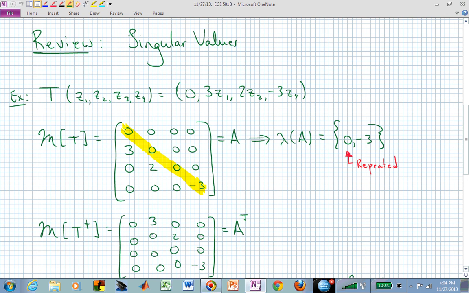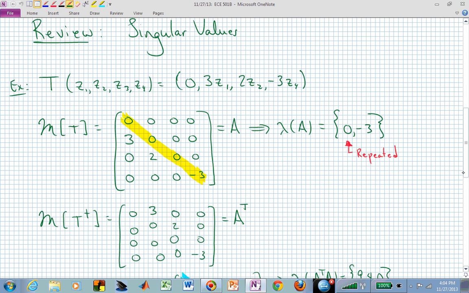In this case, we have 0 repeated 3 times and an eigenvalue at -3 for that particular linear map. We want to compare or contrast that with this notion of singular values. Singular values tell you how you expand or scale a vector through a linear map. It's not necessarily the same as these eigenvalues.